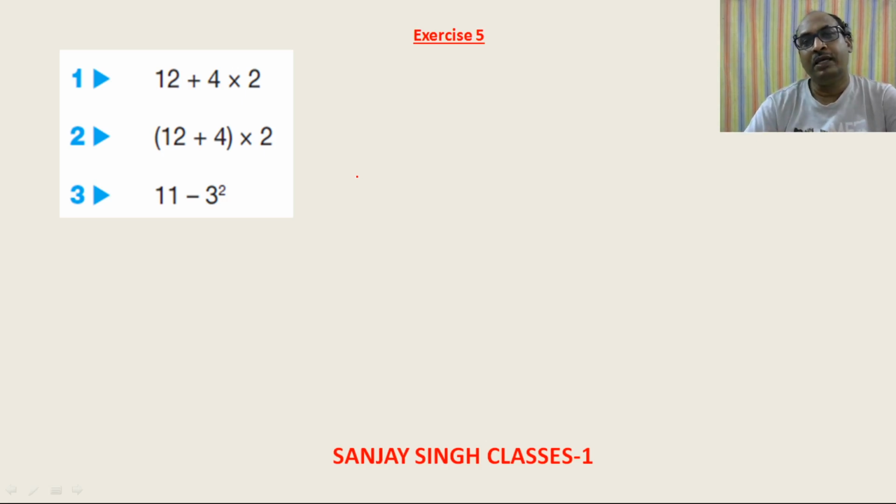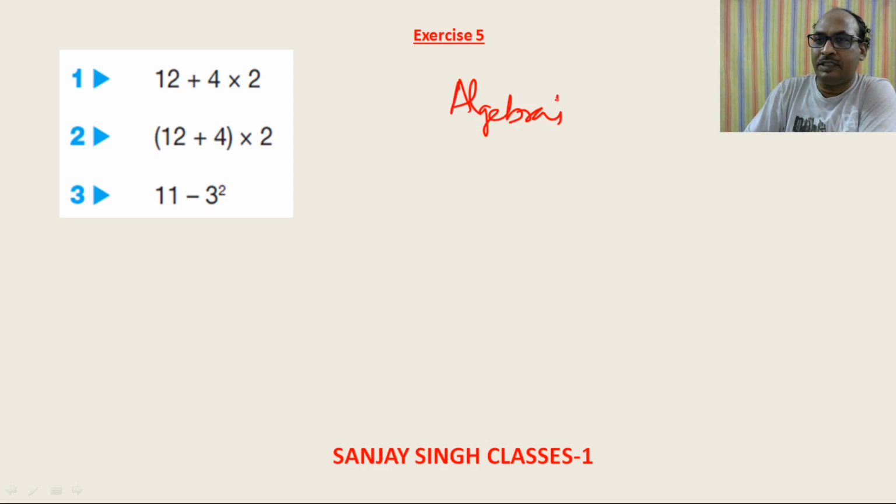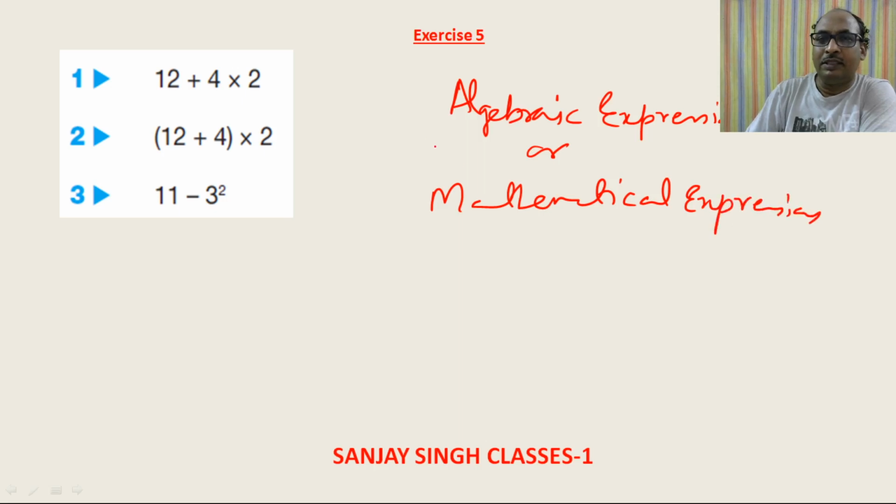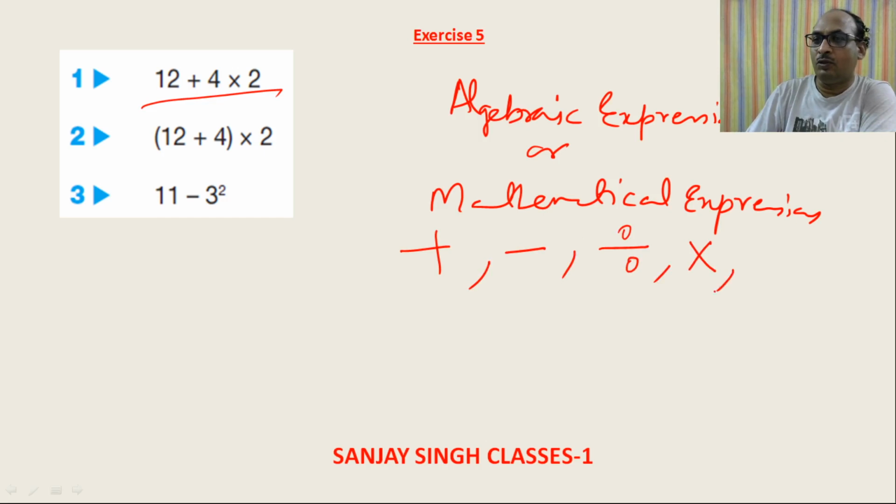Everything will come in the same place. Even indices will be coming in the same place. So we will be having a long algebraic expression, or mathematical expression, which will consist of addition, subtraction, division and multiplication, and it will consist of brackets and indices also.